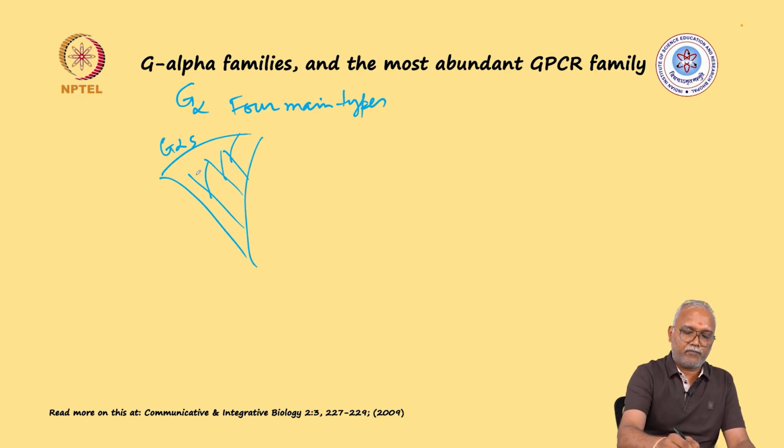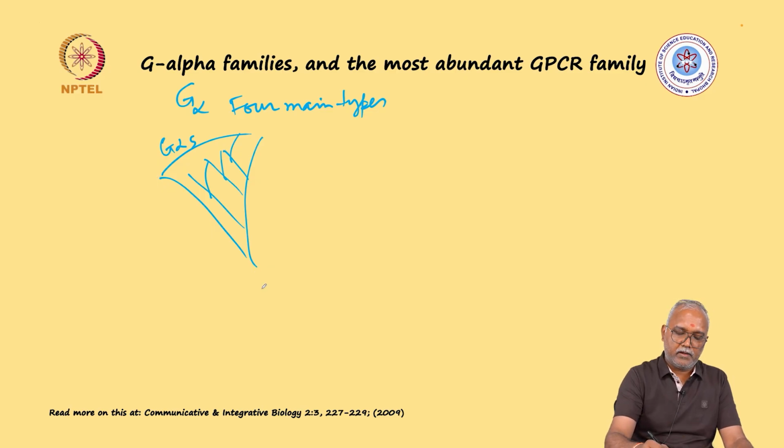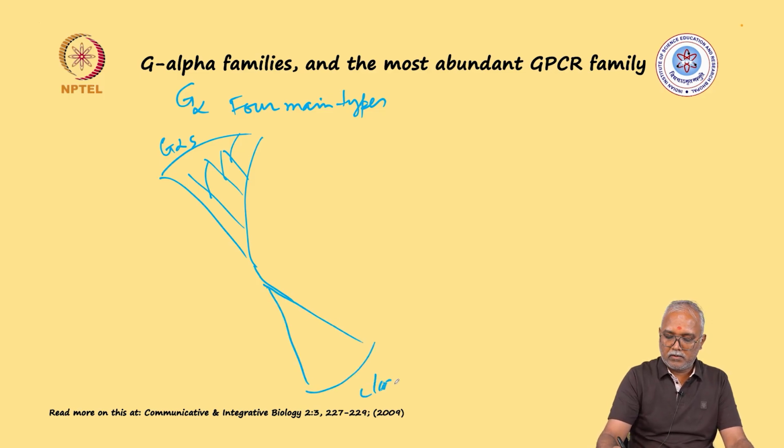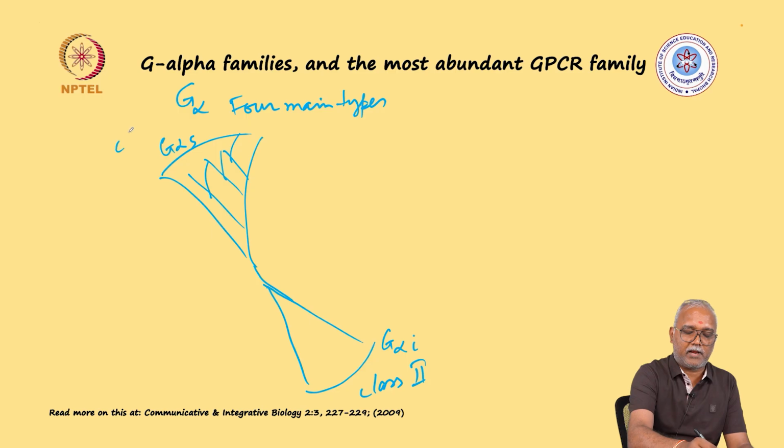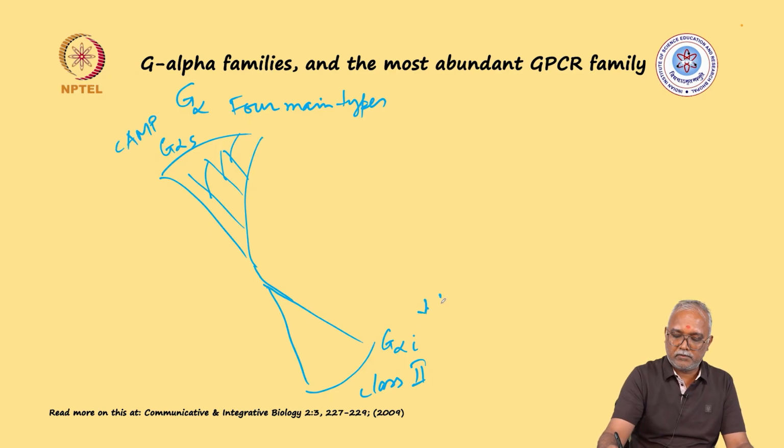So if all G alpha S are clubbed together in one part of this tree, you automatically understand that the opposite side will be class 2, where you have G alpha I, because this was stimulating cyclic AMP and this was decreasing cyclic AMP.